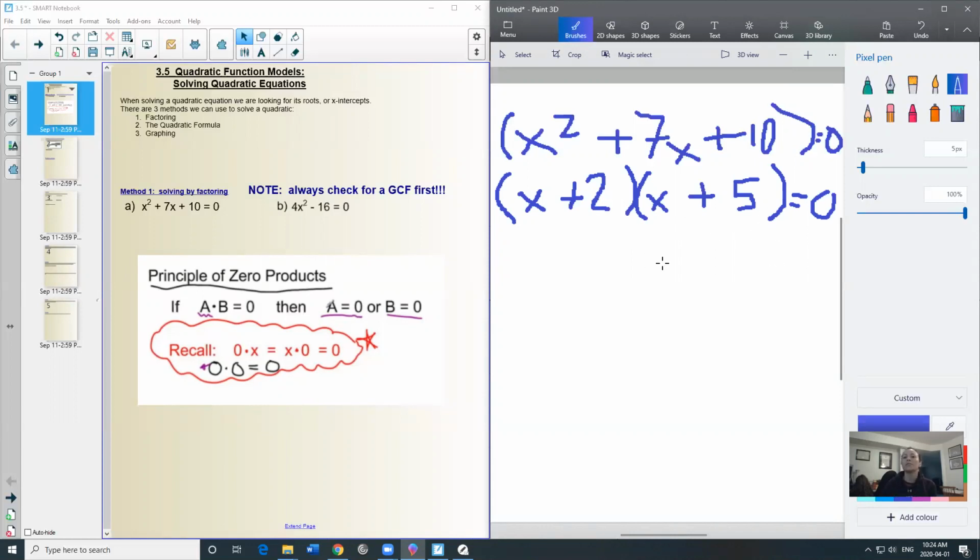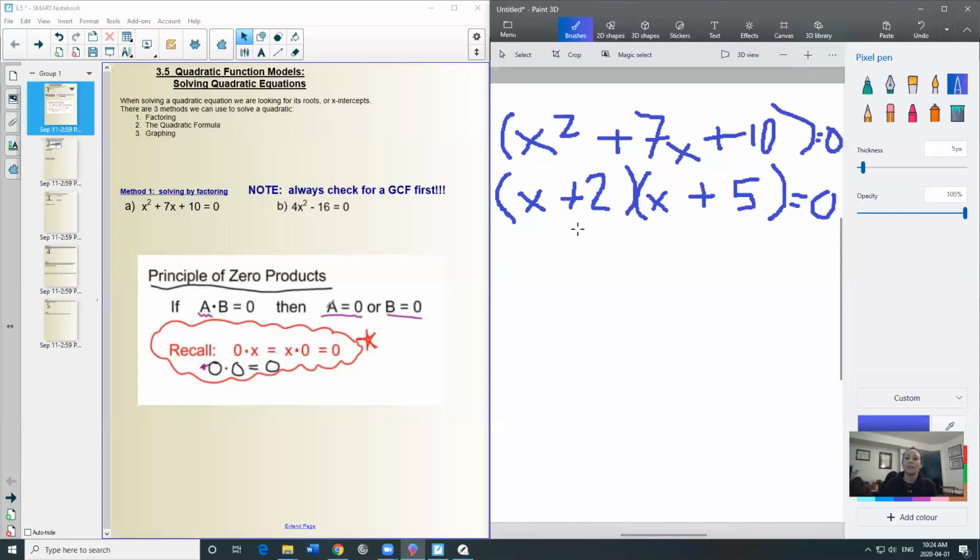Okay, this is where your zero product principle comes in. Either this bracket is going to be 0 or this bracket has to be 0 in order for this statement to be true, right? Because if this whole thing equals 0 and this bracket is being multiplied by this bracket, either x plus 2 is 0 or x plus 5 is 0.